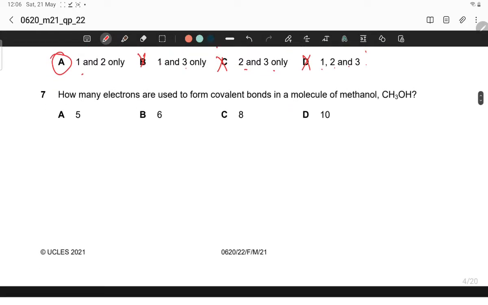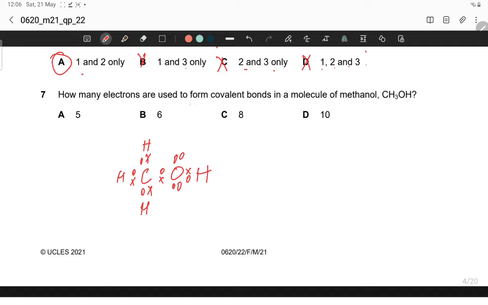How many electrons are used to form covalent bonds in a molecule of methanol? This is the structure of methanol, H, and this is the oxygen atom, and this is hydrogen.